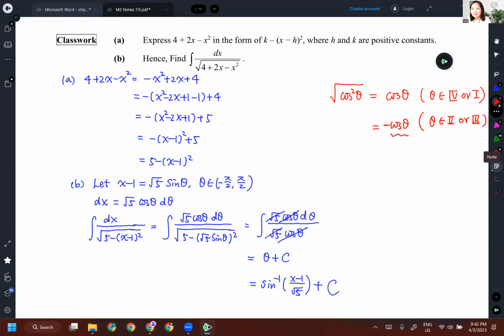So that is the lesson. Again, if I throw away this whole thing and we just completely ignore this, I think in terms of the skill, you're not losing anything. In terms of integration skill, you're not losing anything. It's not like you cannot do it. You can still do it.